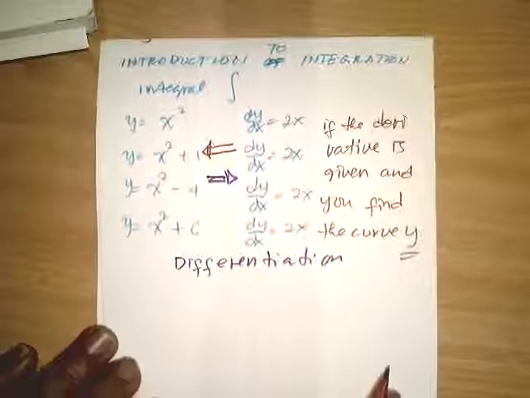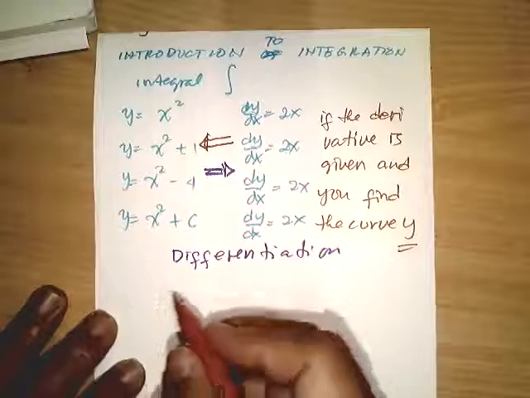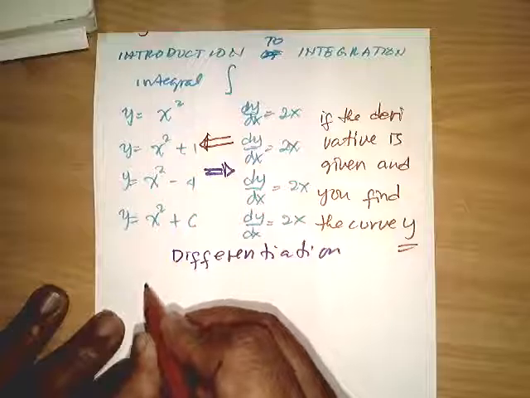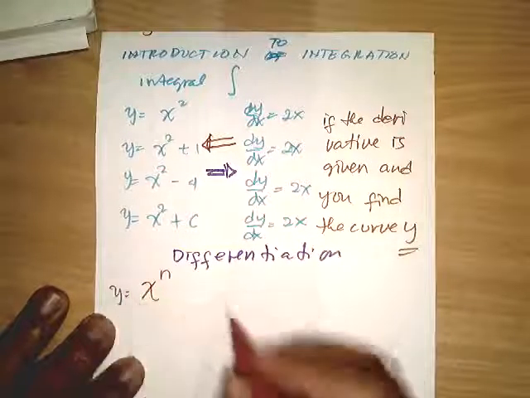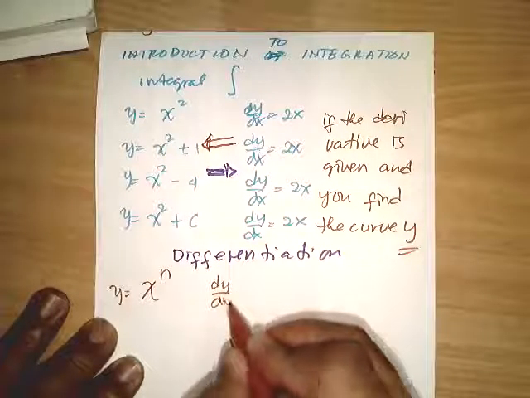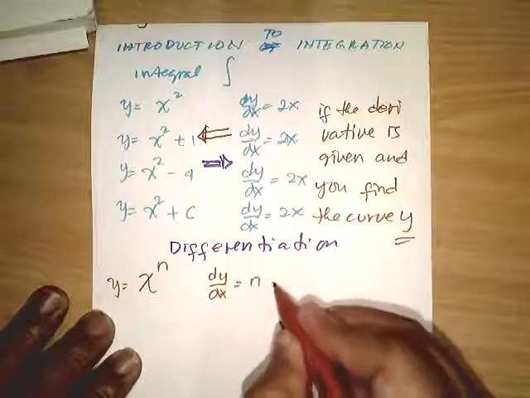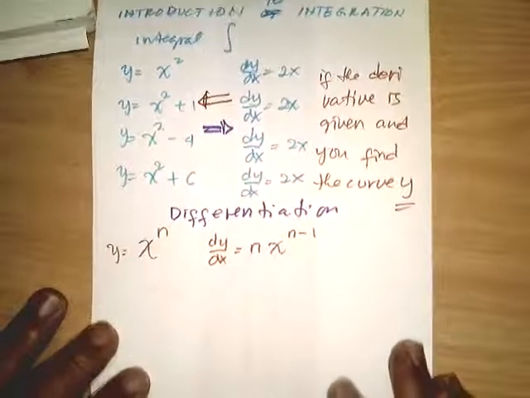In our differentiation formulas, the basic rule was, if you have y equal to x to the n, the dy/dx is equal to n x to the n minus 1. Okay?